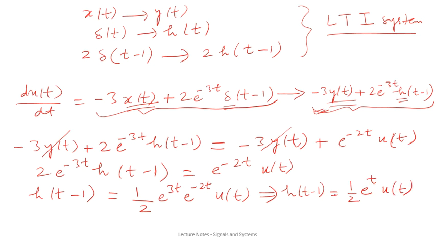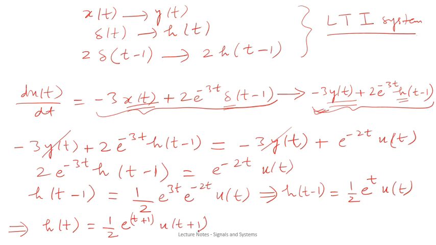Okay, so this is h(t minus 1) equals to half e raised to the power t u(t). So from this you can obtain the impulse response h(t) as 1 by 2 e raised to the power t plus 1 u(t plus 1).